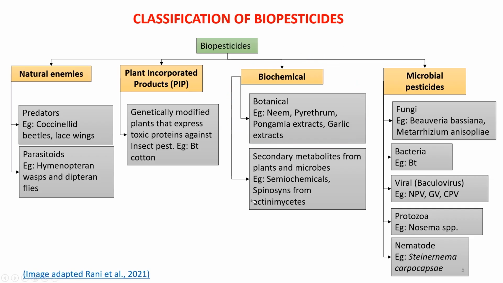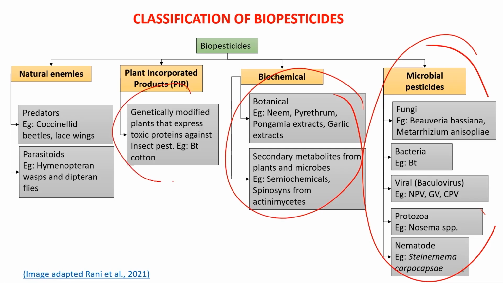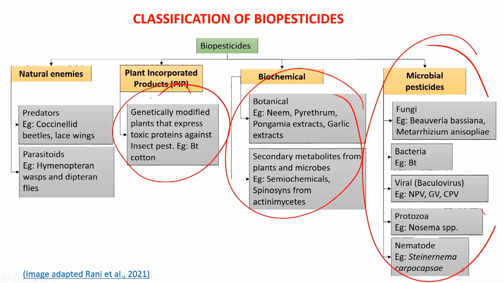Then we have also biochemicals like secondary metabolites from plants as well as microbes, the semiochemicals, spinosyns from actinomycetes, etc. Then we have microbial pesticides where we use the whole microorganism like fungi, bacteria, and then the virus, which of course is not a microorganism, and then protozoa and also nematode. We will be discussing all these and to some extent a little bit about the PIPs.